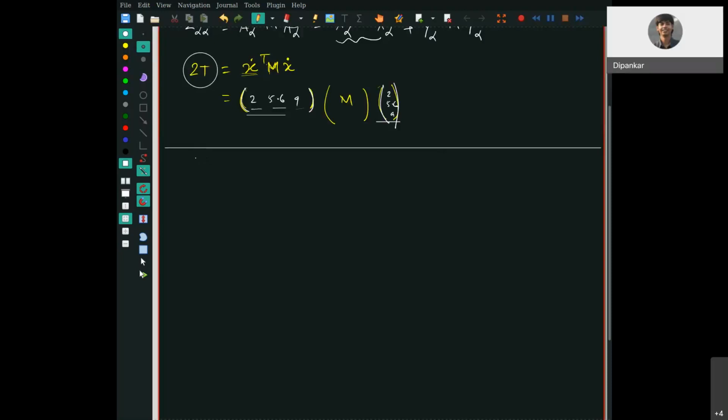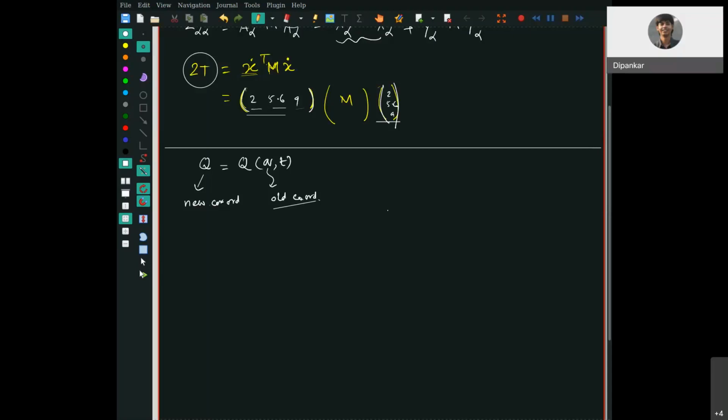So the problem as it is given: suppose you have some old coordinates and some new coordinates, and the new coordinates are expressed in terms of the old coordinates. So this Q is your new coordinate, and this is your old coordinate.